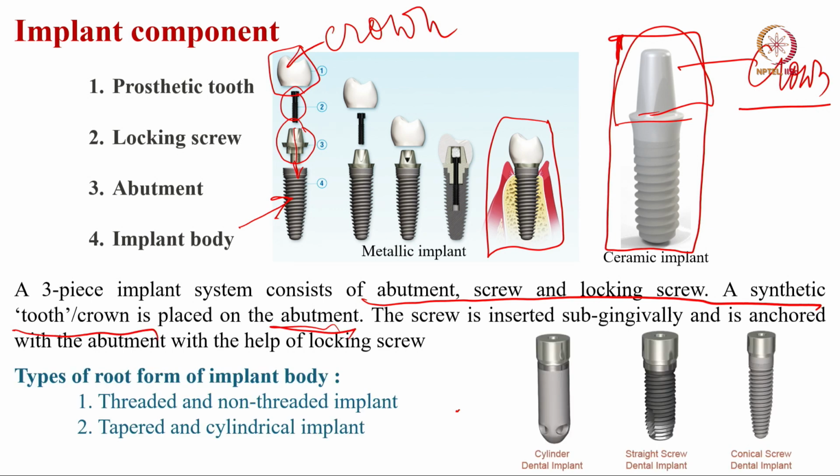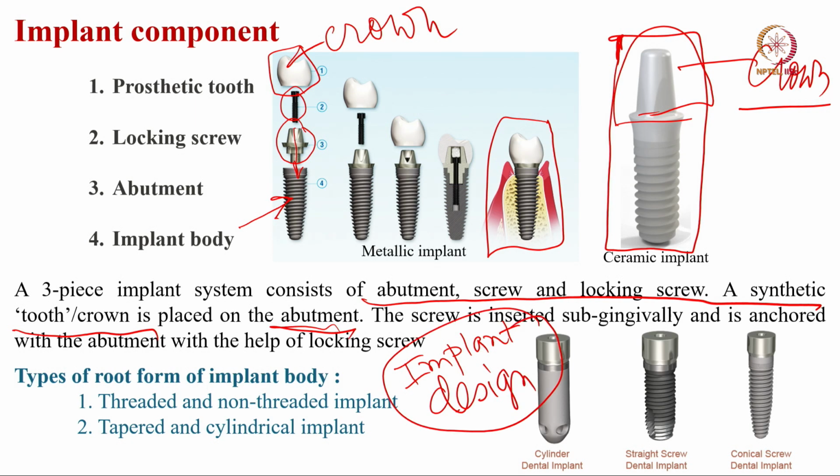So, the types of root form that I have shown you in the last slide can be either cylindrical or very blunt. It can have straight screw dental implants and conical screw dental implants. One thing I must mention here: if you bring novelty in the implant design, it must be supported by clinical evidence.